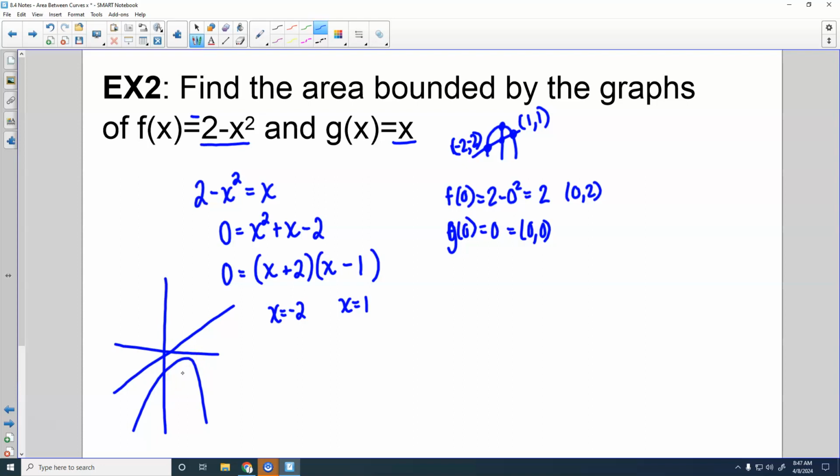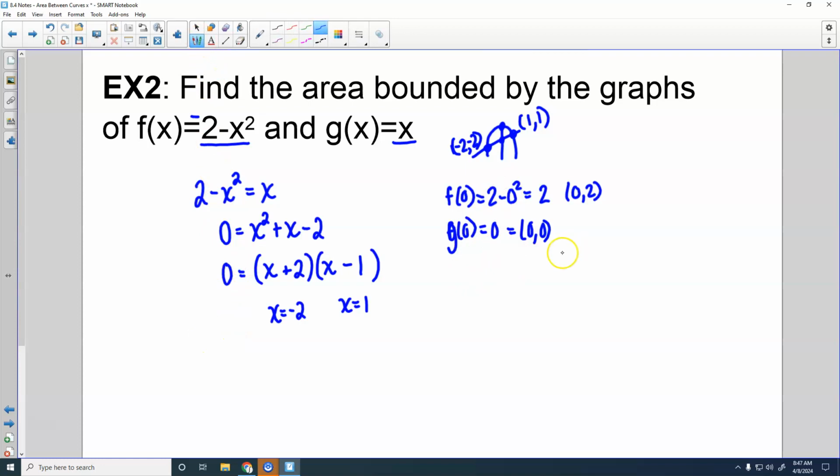So it just depends on the situation. I would feel fairly confident that this picture I have drawn up here is correct, even without plugging in some numbers here. But in some other situations, it might be harder to tell, so plugging in a number will let you know for sure which one is top and which one is bottom.